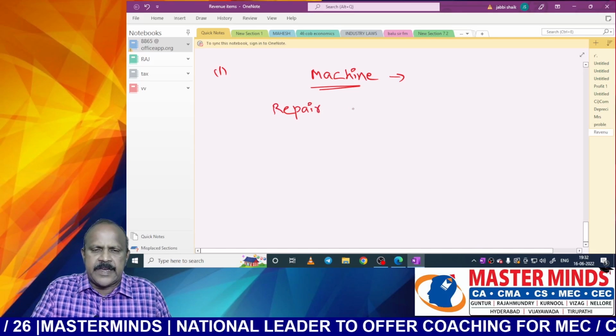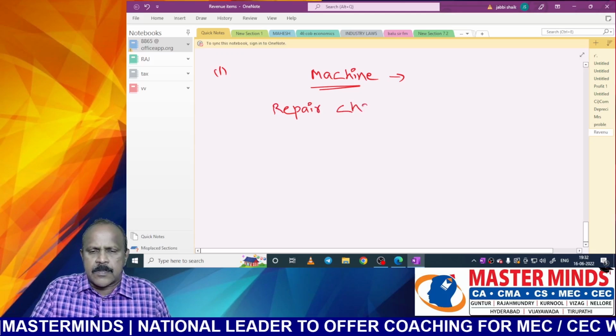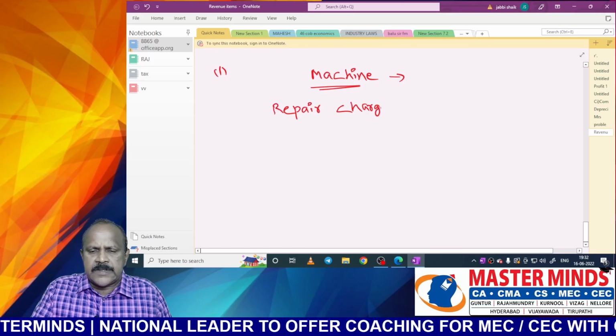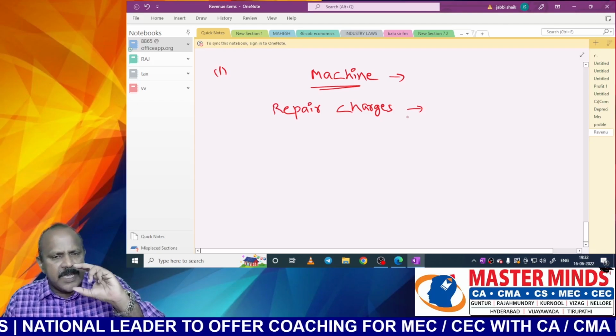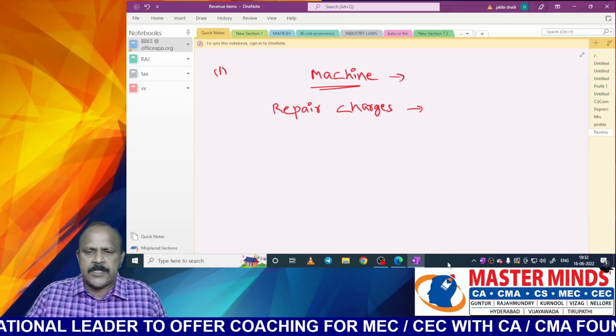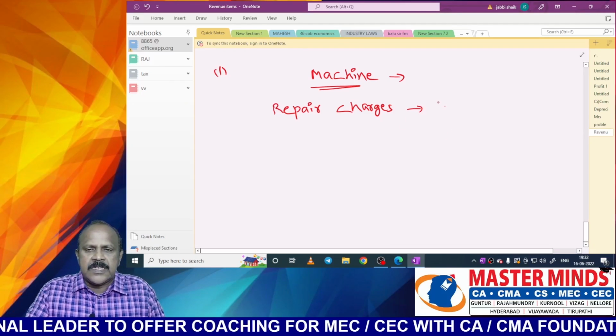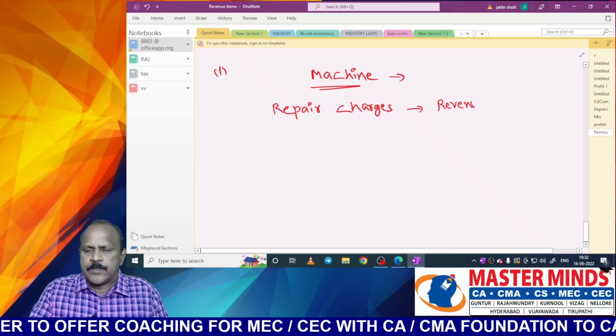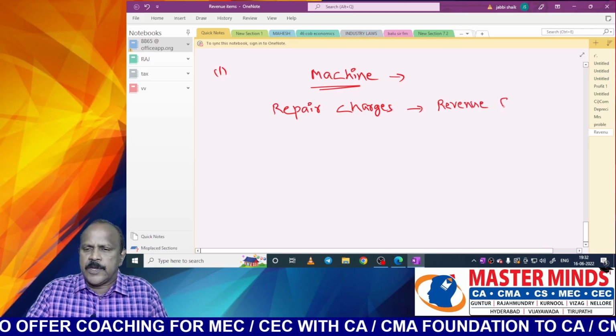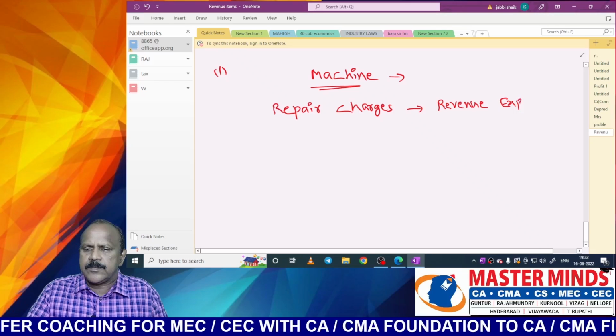Repair charges paid in this case should not be added to the cost of the machine. So, these are called revenue expenditure.